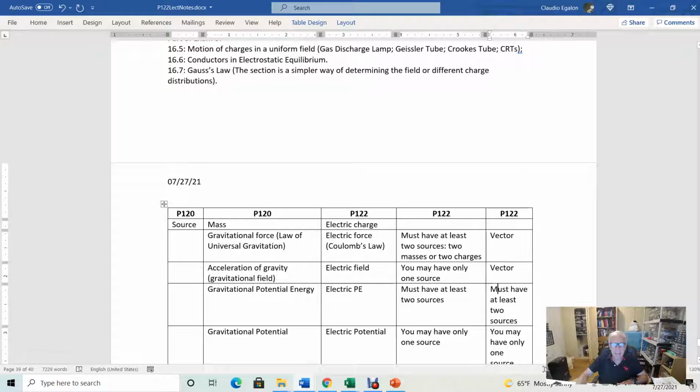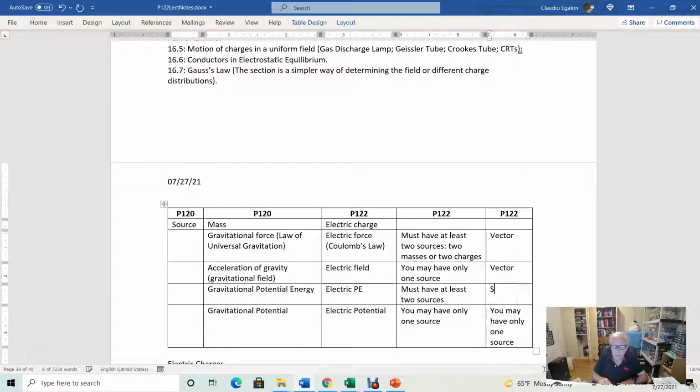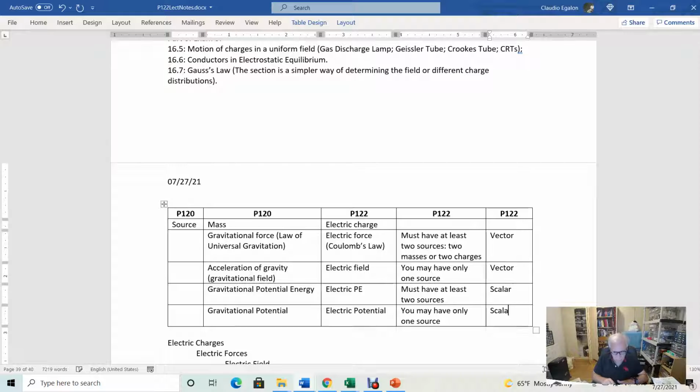However, in the case of the potential energy, as you saw before, the potential energy is not a vector, it's a scalar. Similarly, the gravitational potential and the electric potential are scalar quantities.